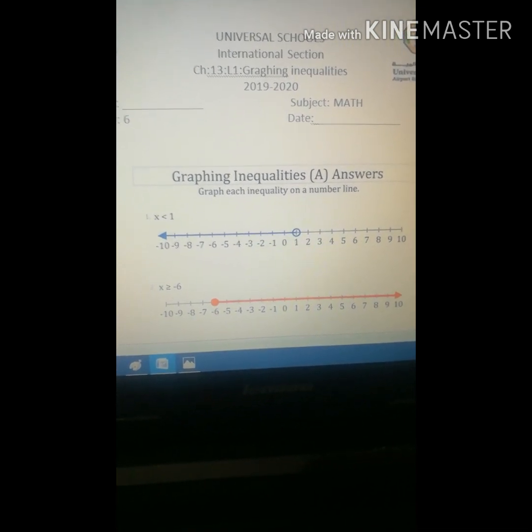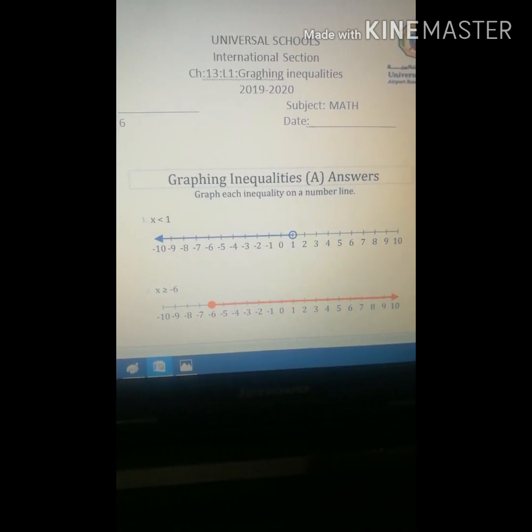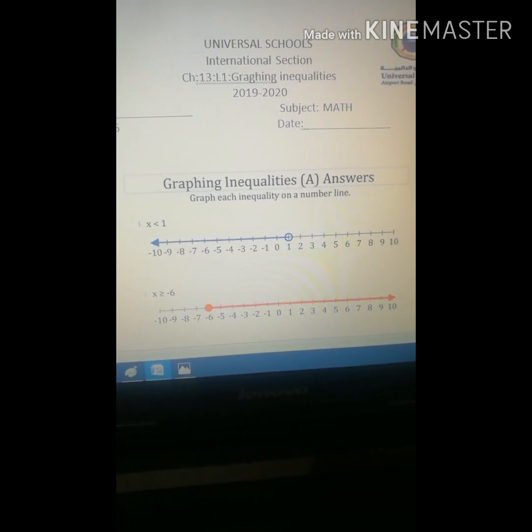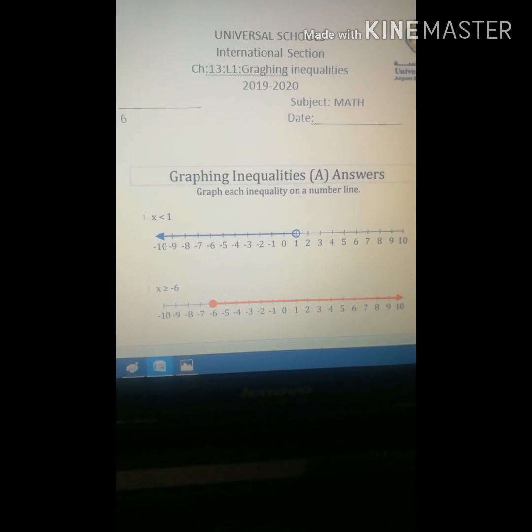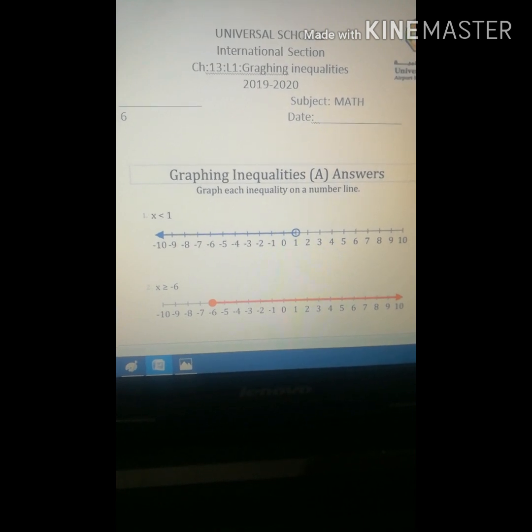What does that mean? If I ask you to show that on a number line, you're going to make steps on the left side, because for less than, or less than or equal to, you always have steps on the left side.